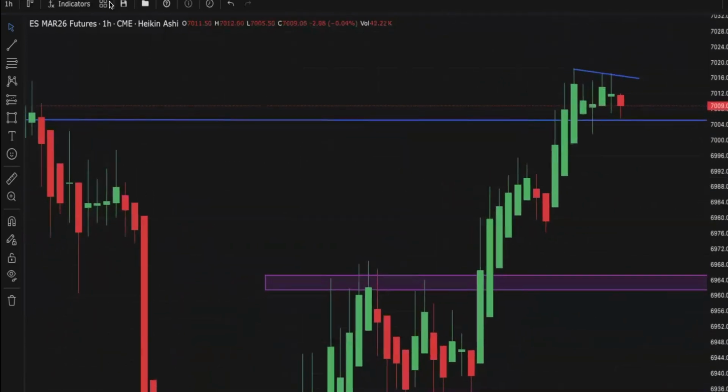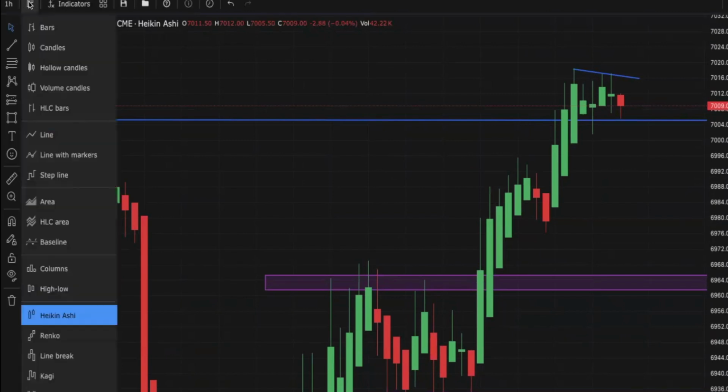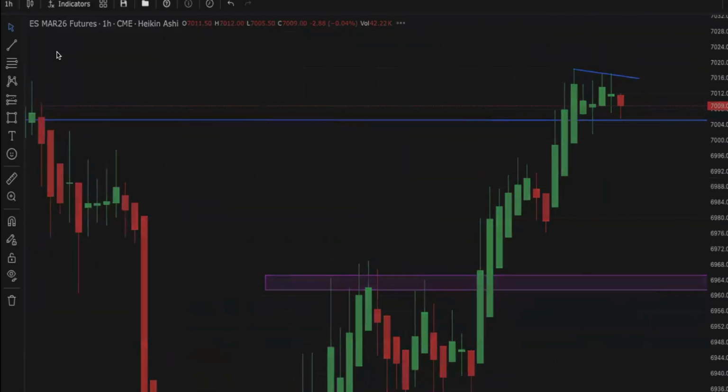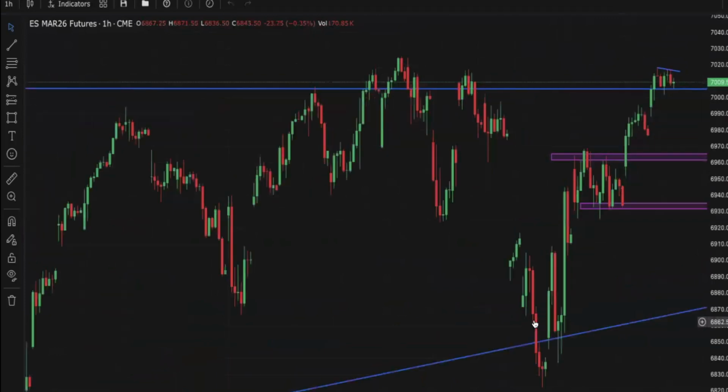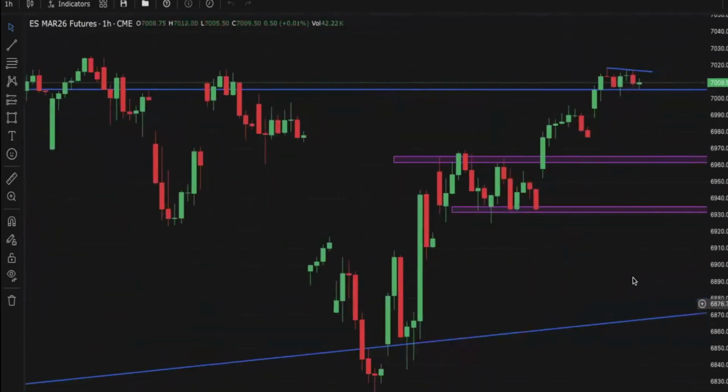Okay, so let me give you a view of the regular candle. This is the 1 hour.